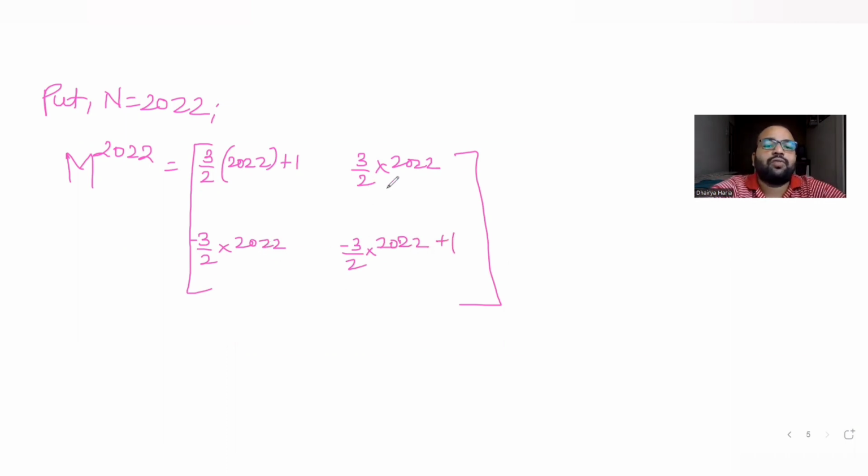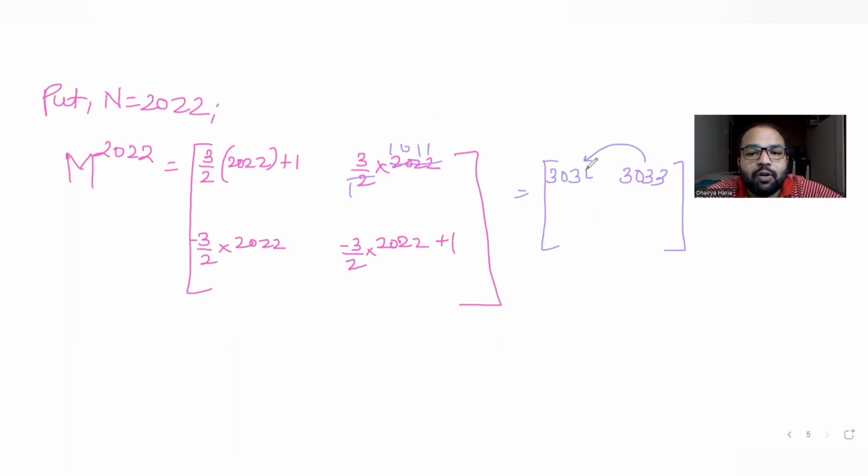If I just solve the second term, I can find all the terms. So let's do that. 2 ones are 2, 10, and 11. So the second term in this case becomes 3 into 1011, which is 3033. The first term I get by adding 1 to the second term, so this becomes 3034.